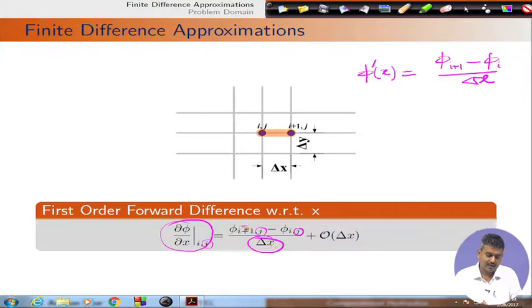That is why we are increasing the index for x, and in this case we have first order accuracy like our ordinary differential equation approximation in finite difference.